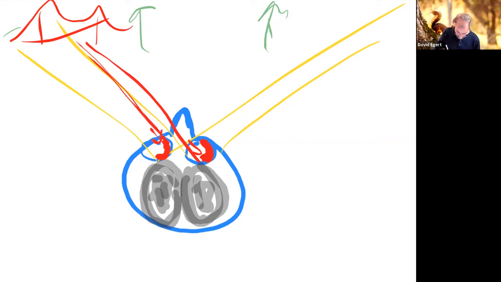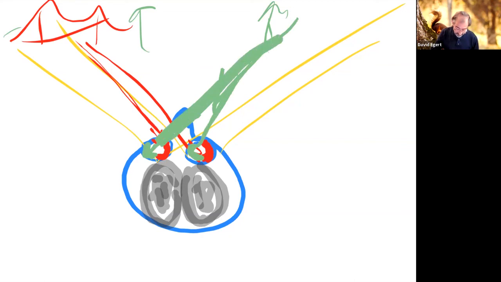The other side of the world is landing on the other side of both eyes. So each eye sees the whole world. And what's going to be lateralized in the brain is this half of your visual field is going to be processed on the opposite side of the brain.